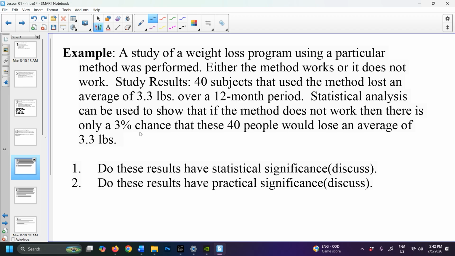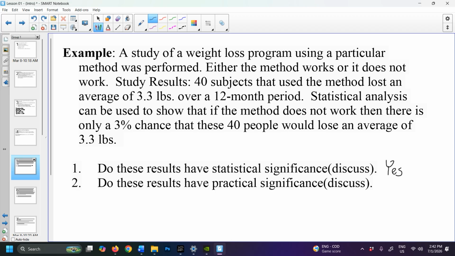Okay? That means that, and there's some nuance to this about negation, there is only a 3% chance that this weight loss is attributable to something else other than the method used. Well, there's only a 3% chance that something else caused it. Well, does this have practical significance?